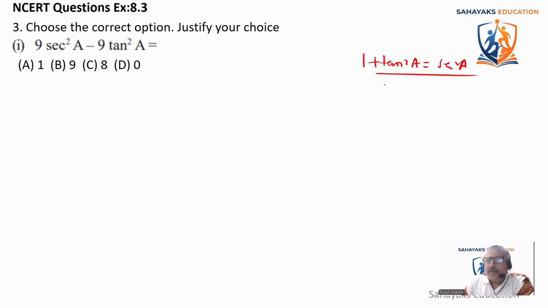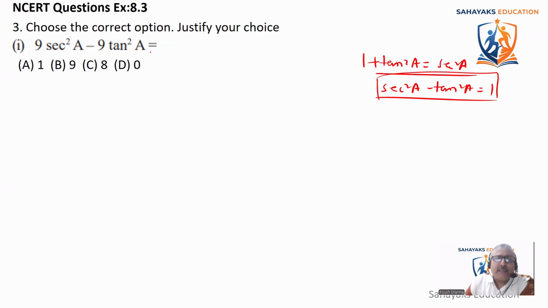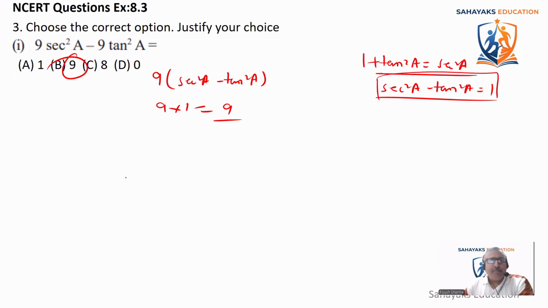So if I have to find sec square A minus tan square A, the value comes out to be 1. Now in this question, if I take 9 common, it becomes 9 times sec square A minus tan square A. Now sec square A minus tan square A is equal to 1. So it becomes 9 into 1, and the answer comes as 9. So B is the right choice.